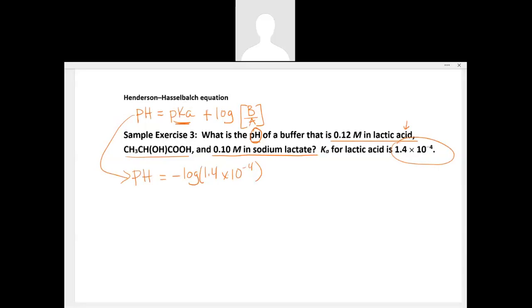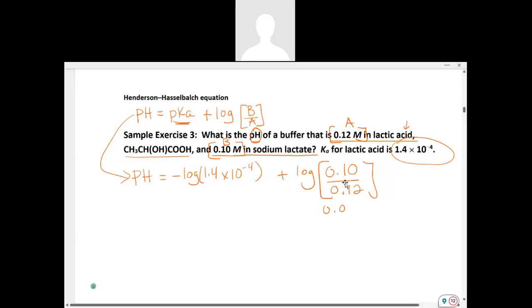Then we have to identify this as my acid concentration, and this as my base concentration, so we add the log of my base, 0.10, over 0.12 for my acid. Since the acid is the higher number, we're going to add the log of a value that gives us a negative value.